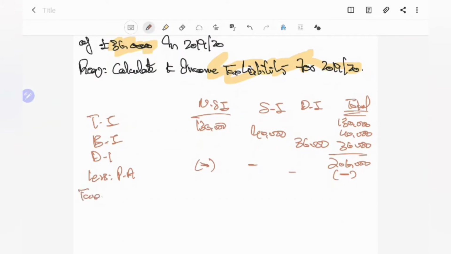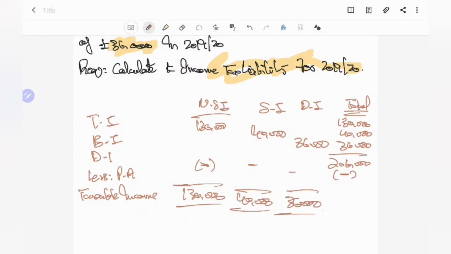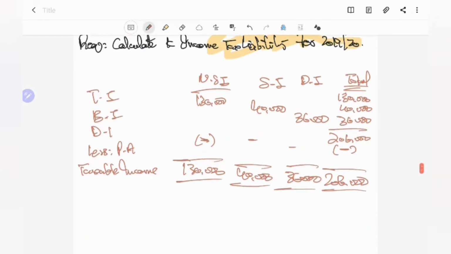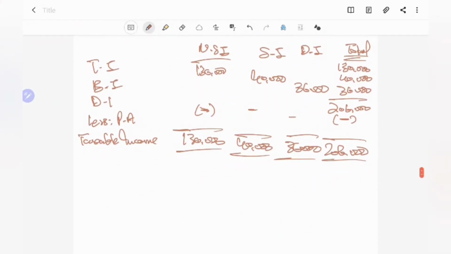Taxable income is 130,000, 40,000, 36,000, and 206,000, all done. I hope you like it.